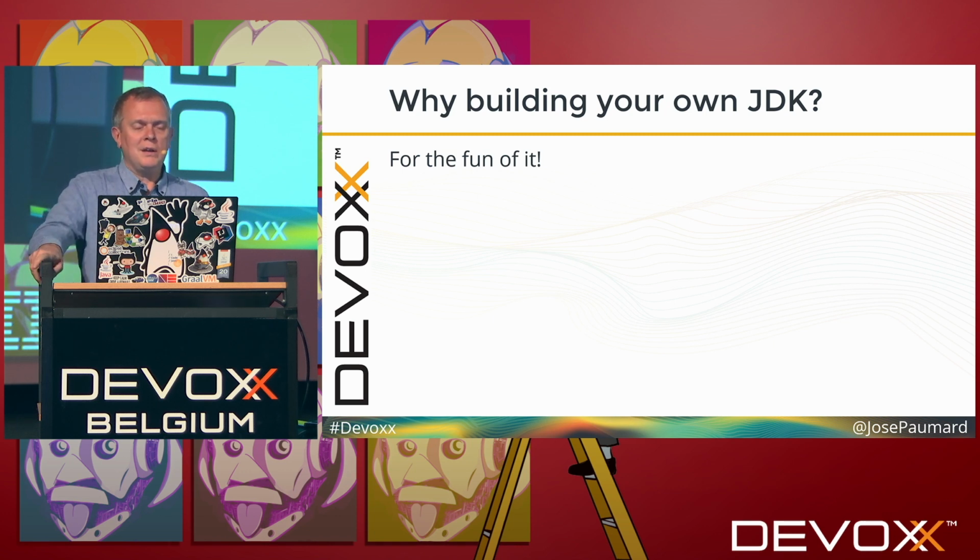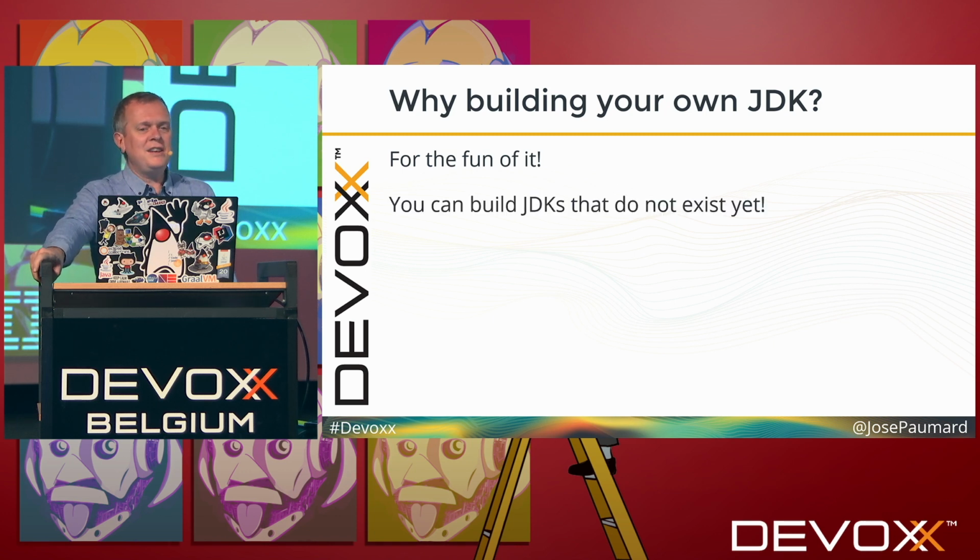You can also build JDKs that do not exist yet and that will probably never exist. This morning with Remy, we had a deep dive session showing you new features, things that are not integrated in the mainstream, in the official JDK yet.